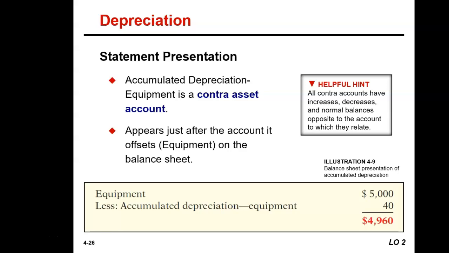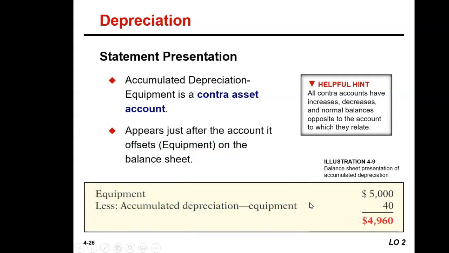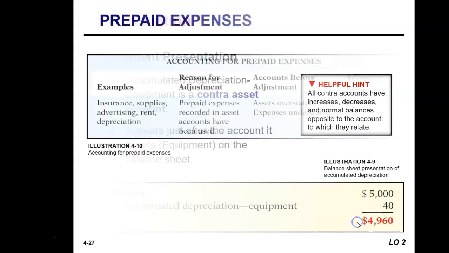So we're saying on paper, the equipment is worth at this point $4,960. So accumulated depreciation is a contra asset account subtracted from the equipment account on the balance sheet to determine what is the current book value for the equipment.